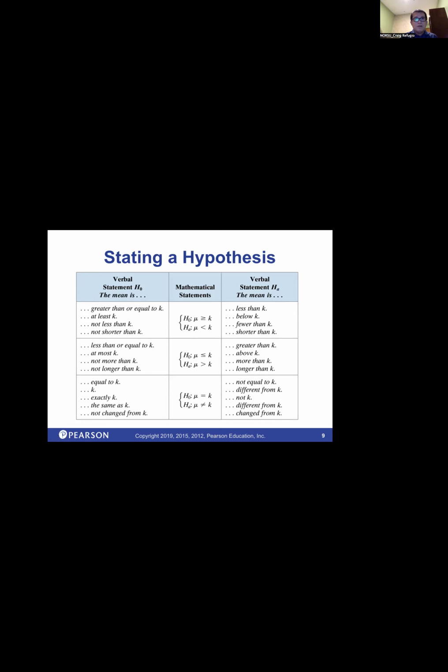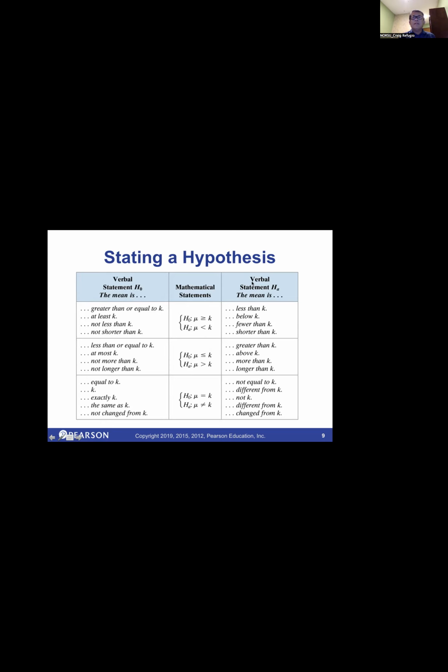Equal to mu, or it can be greater than K. Not shorter than K, so it might be equal to K or maybe what? Longer than K. These are some of the verbal statements of H0 found in this mathematical symbol.